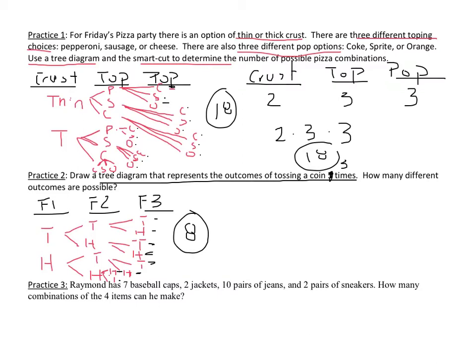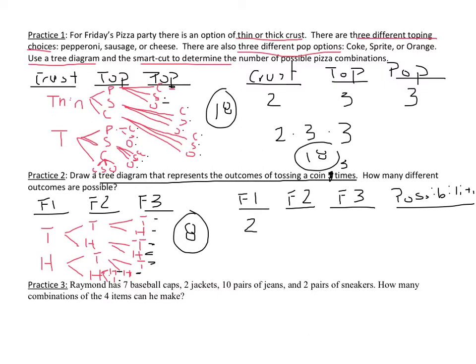Now let's use the smartcut. Okay, well, I had flip 1, flip 2, and flip 3. I want to know what are the total possibilities. On the first flip, I can get heads or tails, so that's 2 different outcomes.